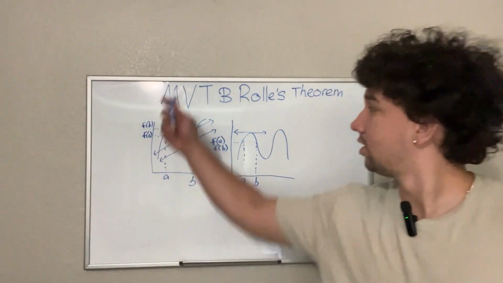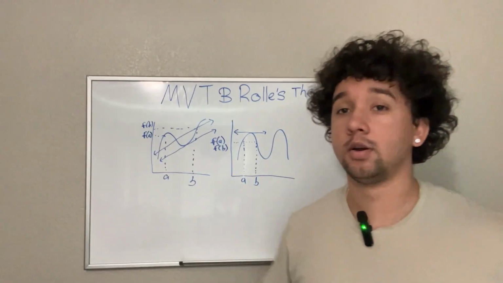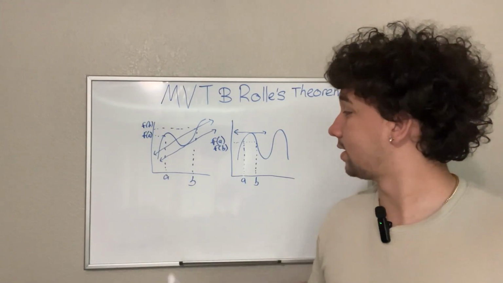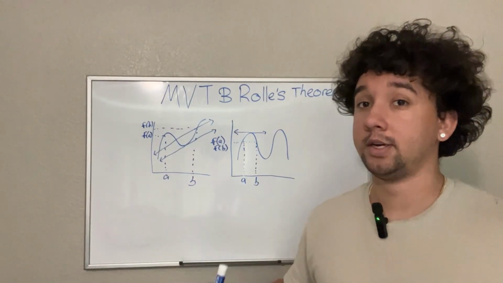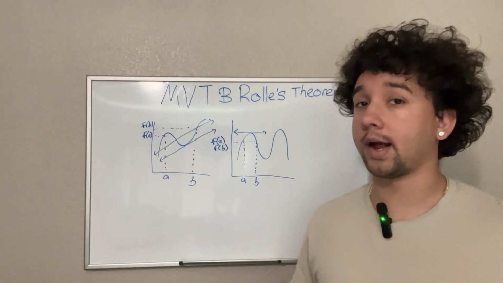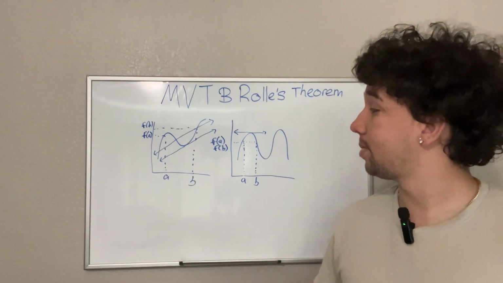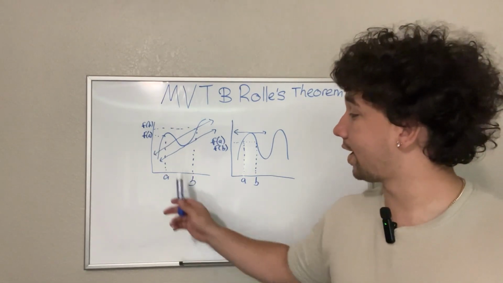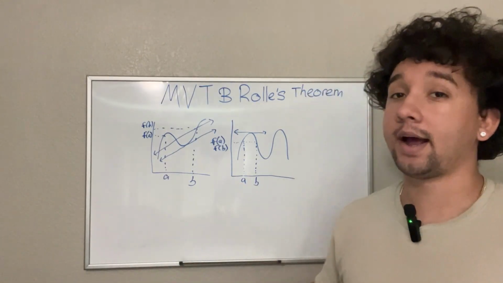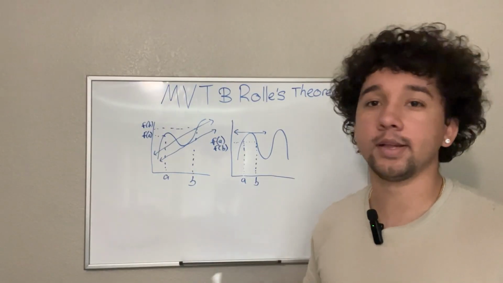All right, so first let's start with the mean value theorem that we have basically right here. What the mean value theorem states is as long as there's a function that is differentiable between a and b, and as well as continuous from the points a and b, there must be a point where the average rate of change from a to b is the exact same thing as the derivative of some point c.